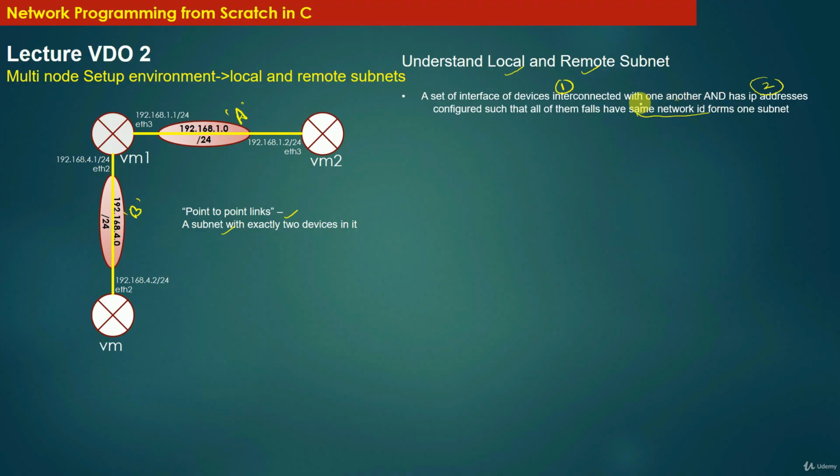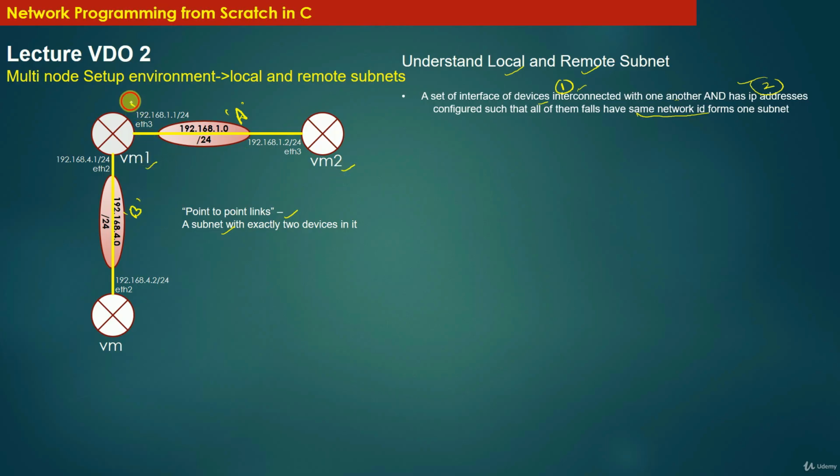Both parts, part 1 and part 2, are the necessary and sufficient condition for two interfaces of two different machines to fall in one subnet. Let us apply this definition to our topology. We have two devices, VM2 and VM1.